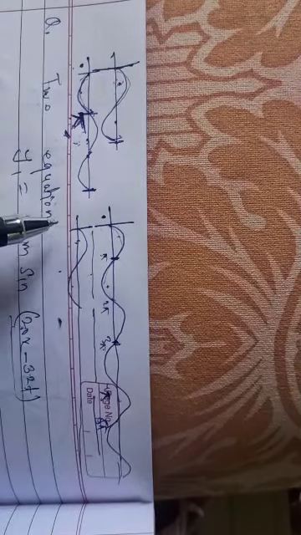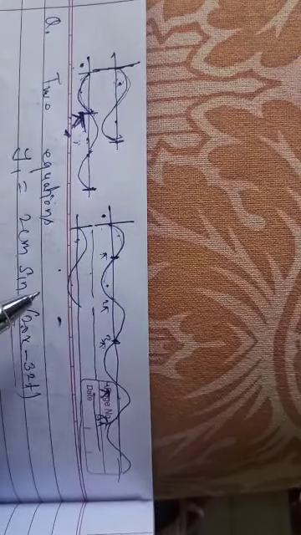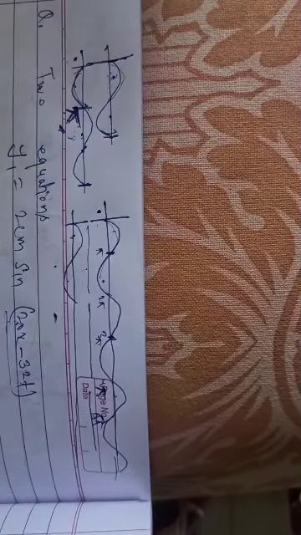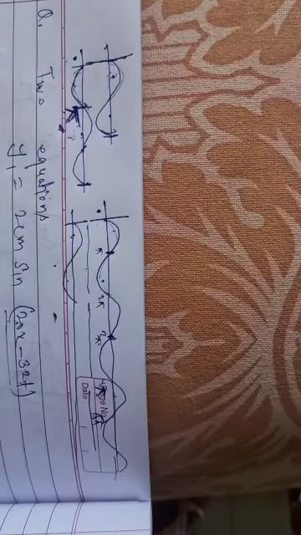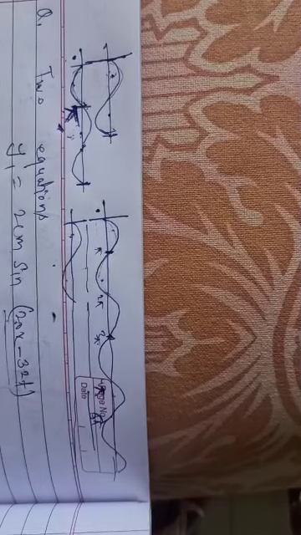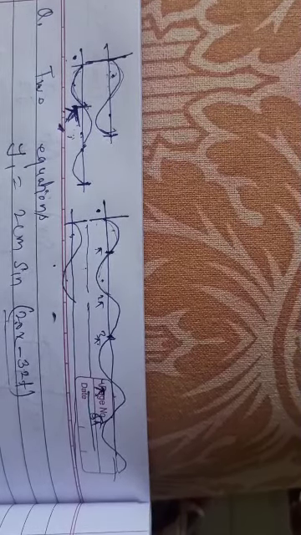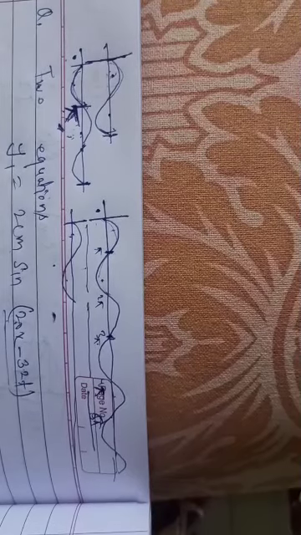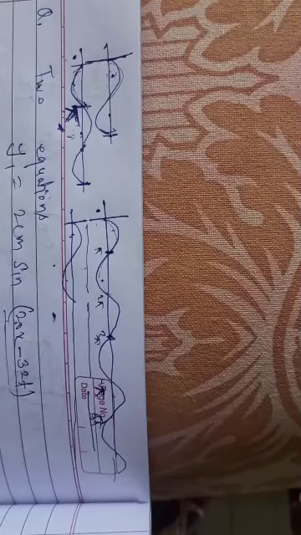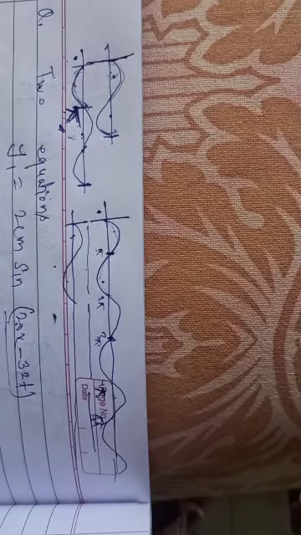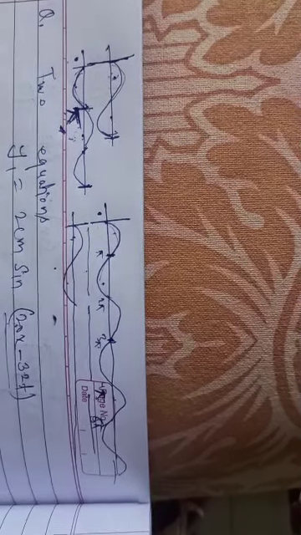If they are having 0, 2 pi, 6 pi phase difference, meaning multiples of 2 pi, then they will be in phase. Okay, and for the pi phase difference, they are out of phase.